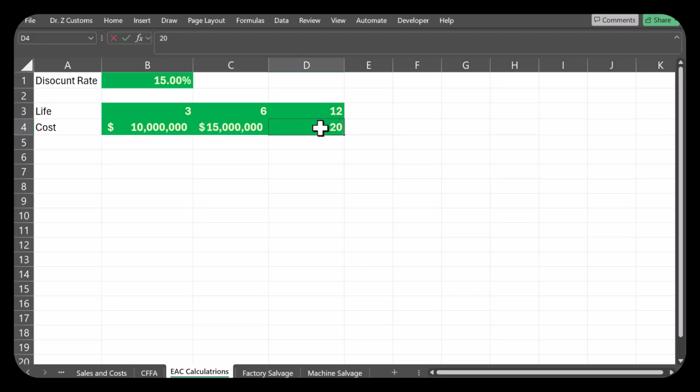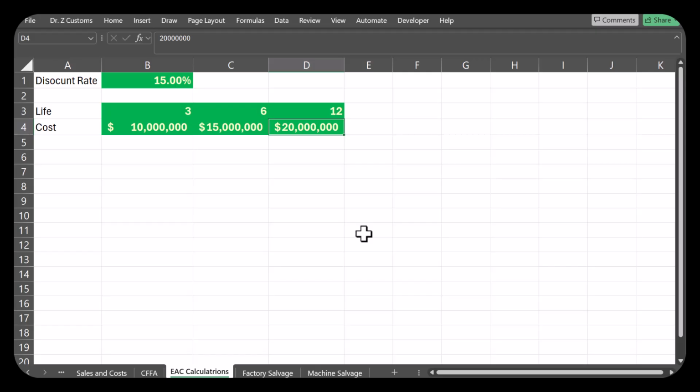So these are your choices. You have to pick one of the machines: cheap one, medium, or expensive. Well, expensive is really expensive, but I'm going to have to replace the 3-year one 4 times, right?